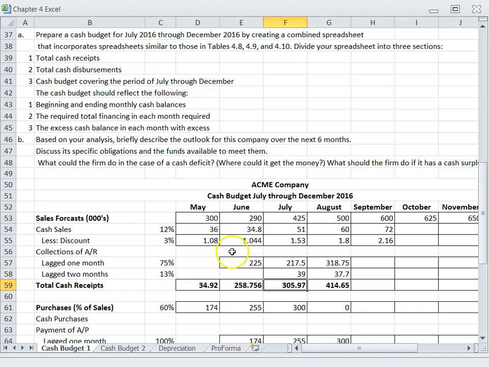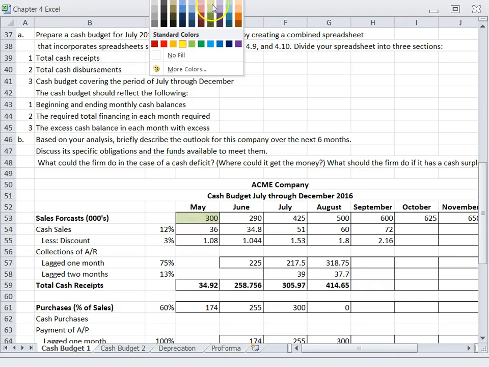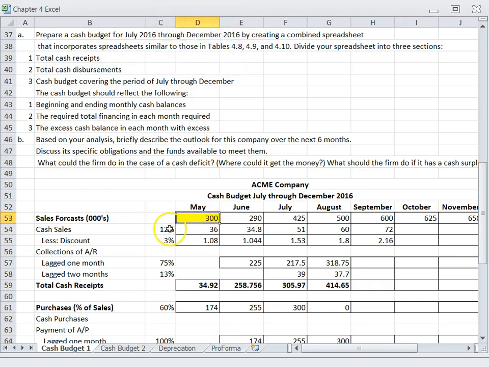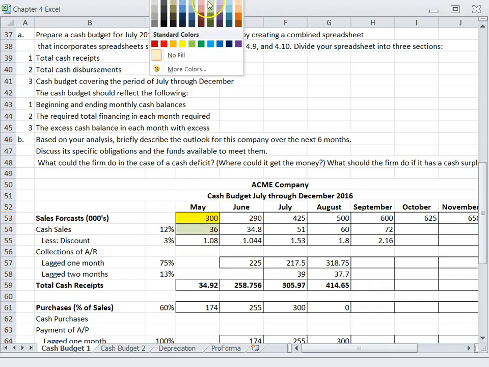Okay, so this is the confusing part of the cash budget a lot of people struggle on. So let me just put some highlights in here. May is my sales forecast, 300,000 for May. So when am I collecting this money? Well, 12% of it I'll put in the green.